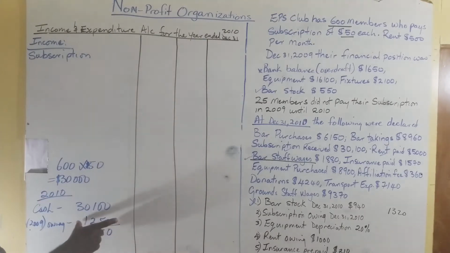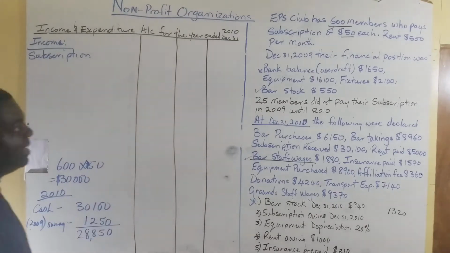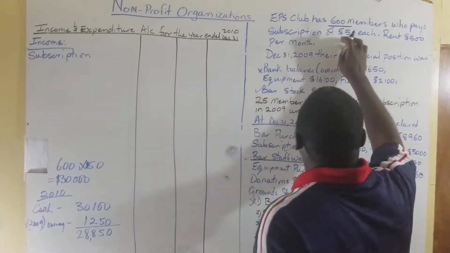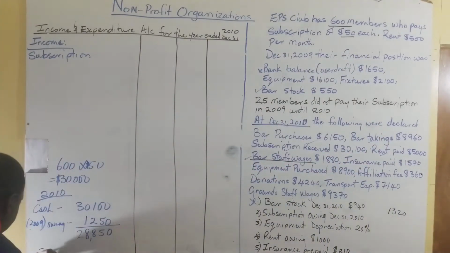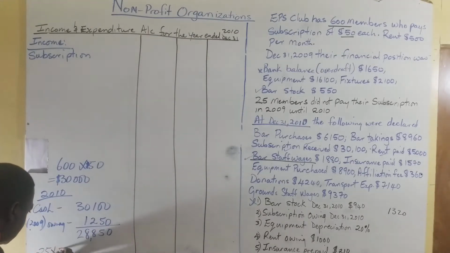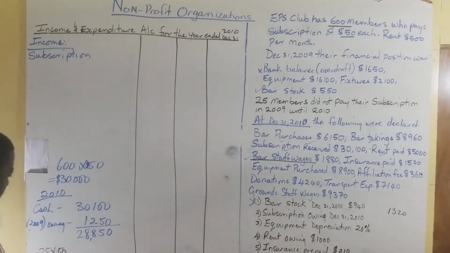We subtract the amount that was coming from last year, which is 1,250. How did we get this again? We multiply 25 members times the $50, and we got 1,250.